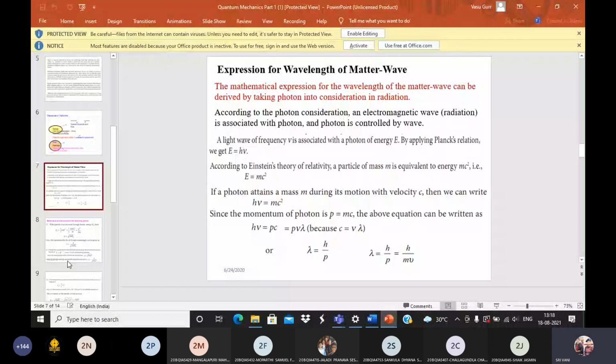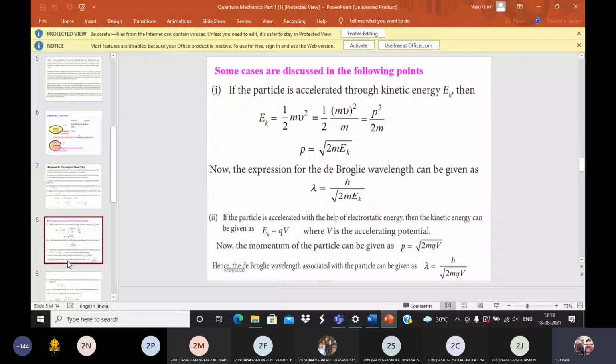In terms of kinetic energy, lambda is equal to h by root of 2m ek, where ek or KE is kinetic energy. In terms of potential, lambda is equal to h by root of 2m qV. Here m is the mass of the particle, q is the charge of the particle, and V is the potential.